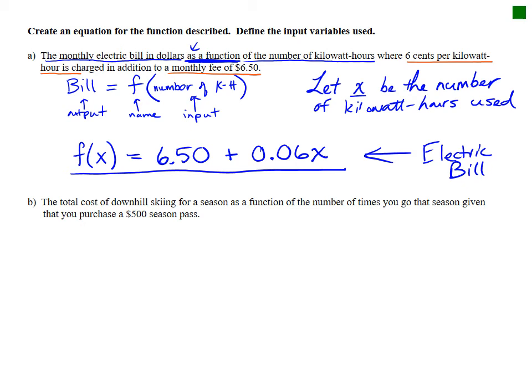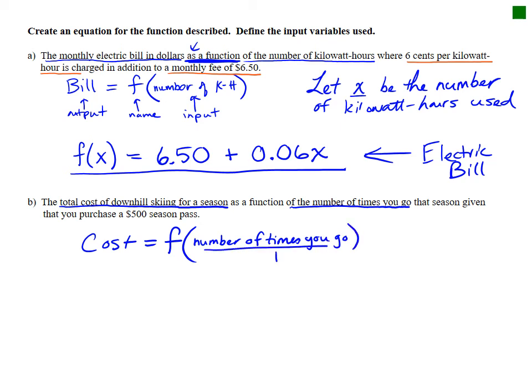In our second example, we're talking about the total cost of downhill skiing for a season. So we're talking about the cost as a function of the number of times you go. So the input is the number of times you go.